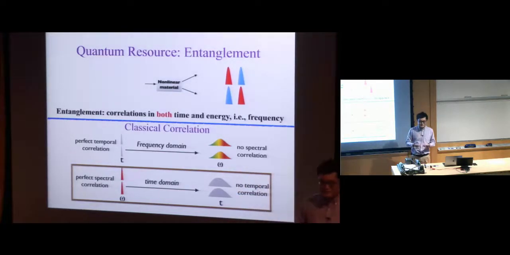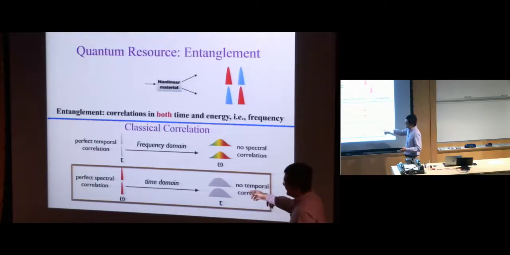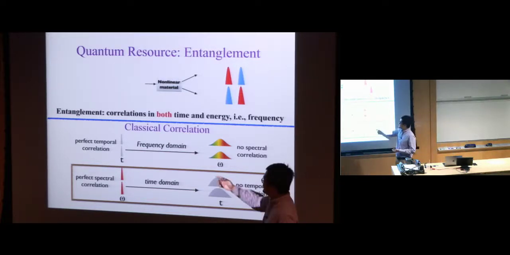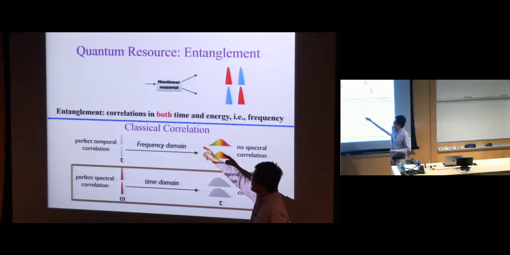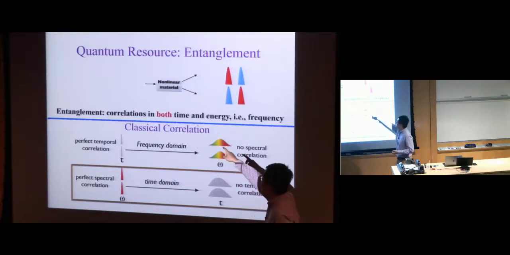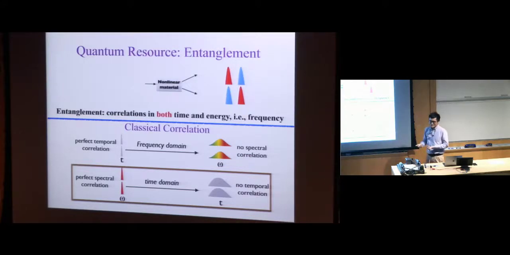And now, because you have a CW laser, you don't have any control of the emission time of each photon. So that means the two photons are completely uncorrelated in their emission time. As such, the sort of correlation you have seen here in the top panel, correlation in time and anti-correlation in frequency, is a non-classical signature, which means the two photons are entangled.